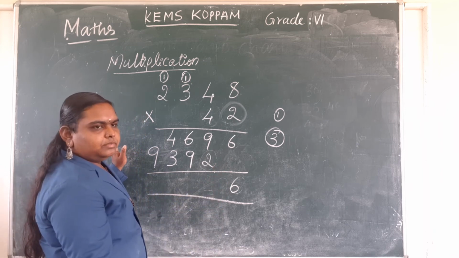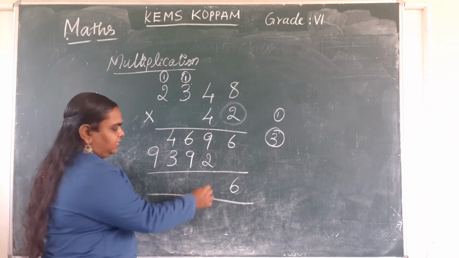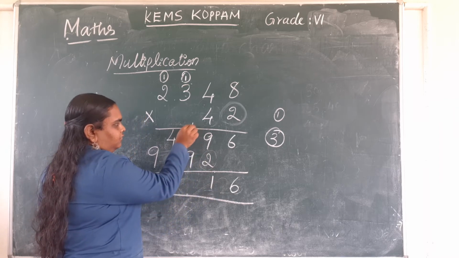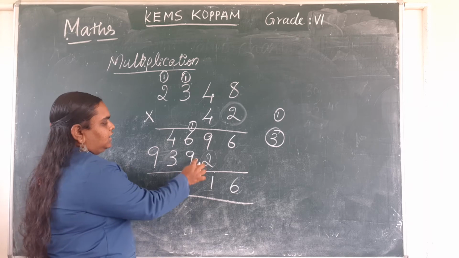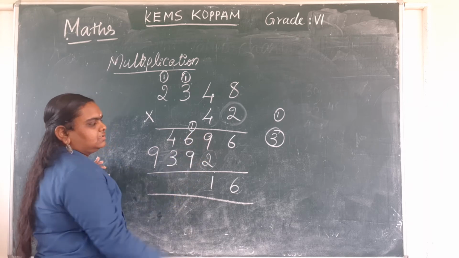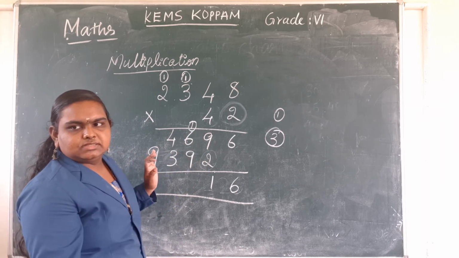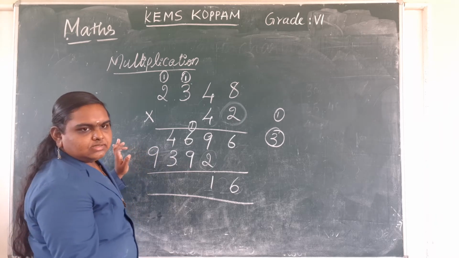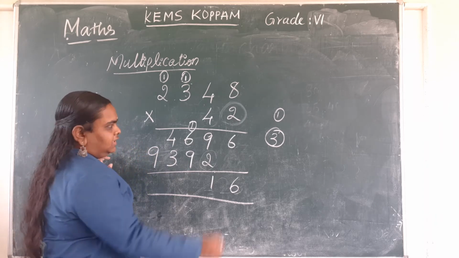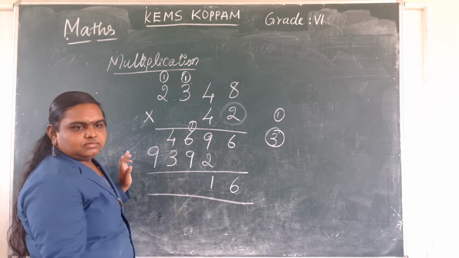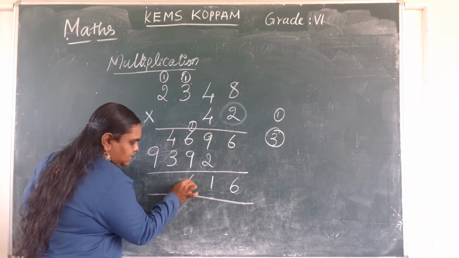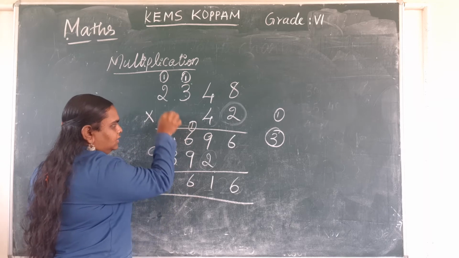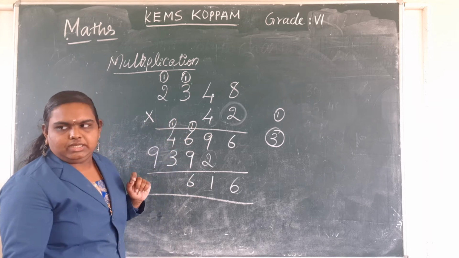Tell me the answer. 9 plus 2. 11. So 11, 1 here. 1 is remaining. Okay. Then 9 plus 6. What is the answer? 15. 15 plus 1? Yes, 16. So we have to write 6 here. Then we have to write the 1 as the remaining.